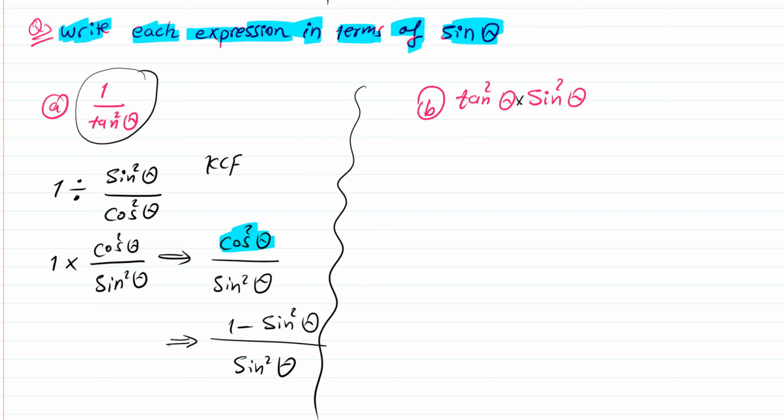So I will write tan square theta equals sine square of theta all over cosine square of theta, multiplied by sine square of theta over 1. I will not use KCF. Do not say KCF right now. I'm sure you will say KCF, but we have multiplication, not division.